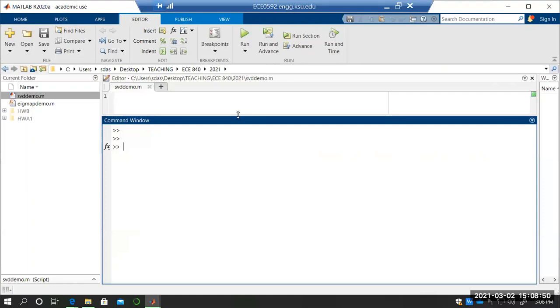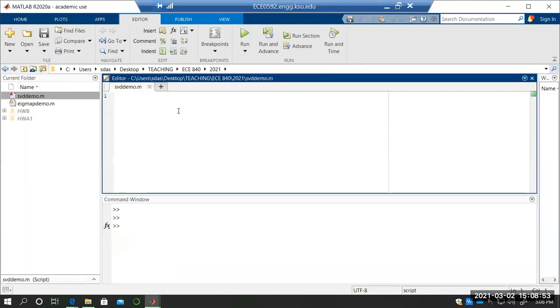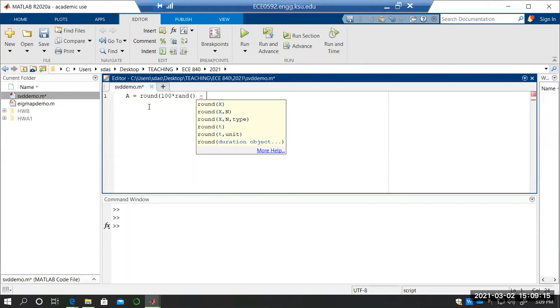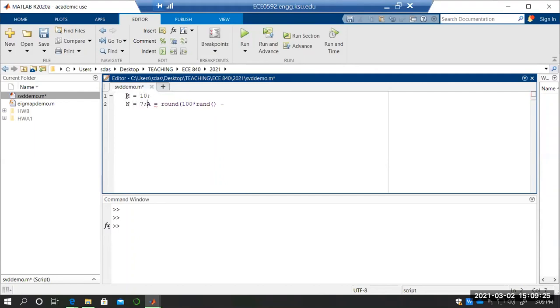Let me generate a matrix A. Let's define M and N: M equals 10, N equals 7, A equals rand(M, N) minus 0.5.